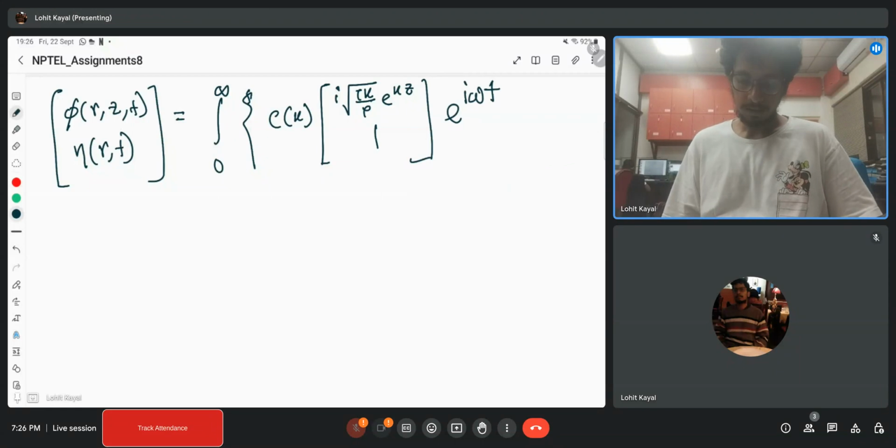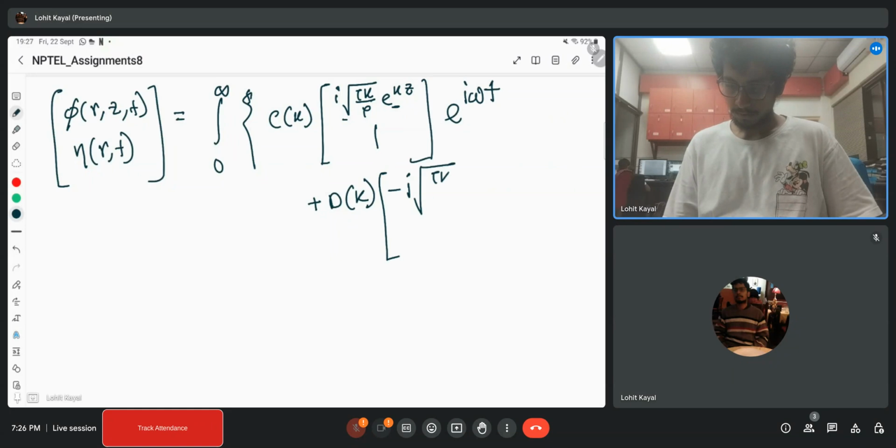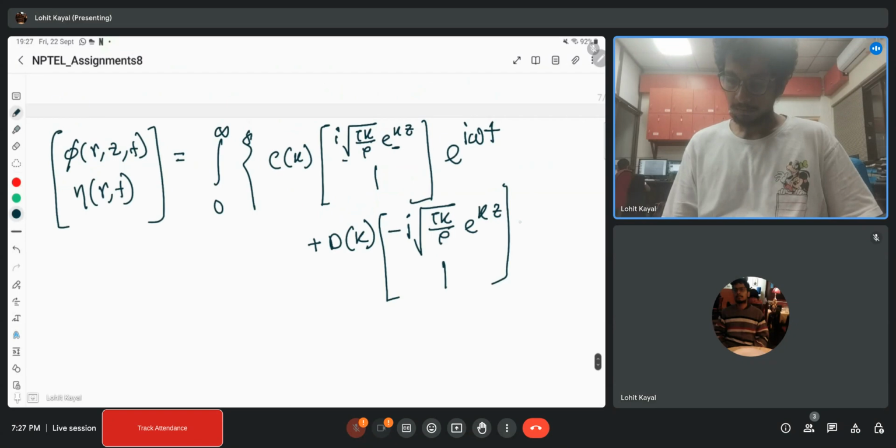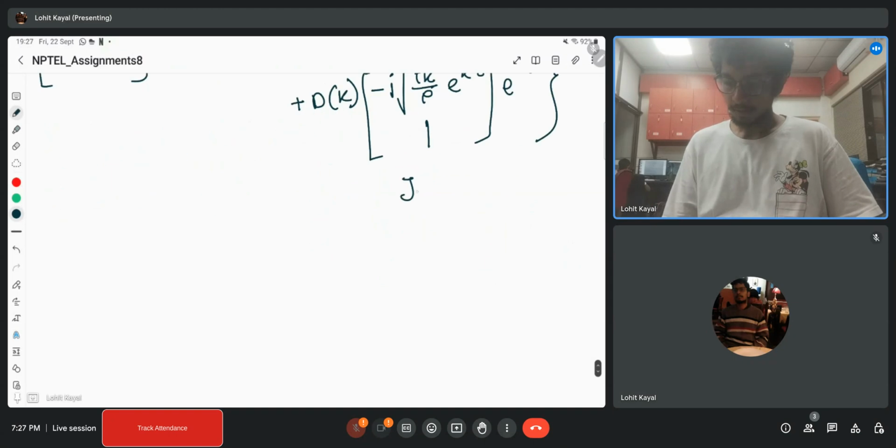So this is the r part, this is the k part and this is the z part. Plus minus i square root of Tk by rho e to the power kz times e to the power minus i omega t, times J0. So this is the inverse Hankel transform, J0(kr) k dk.